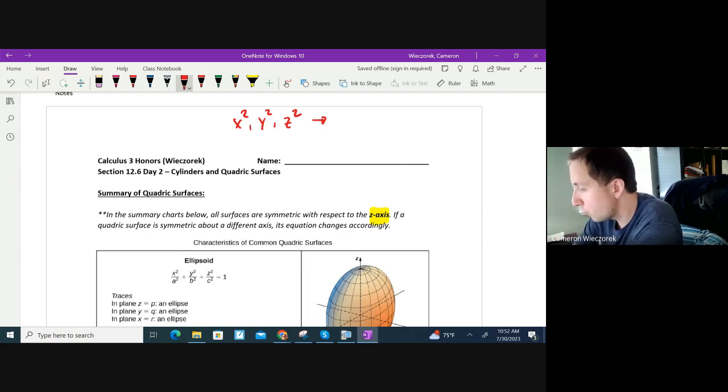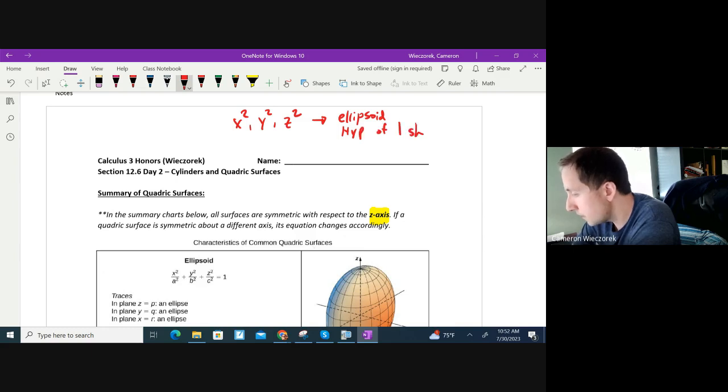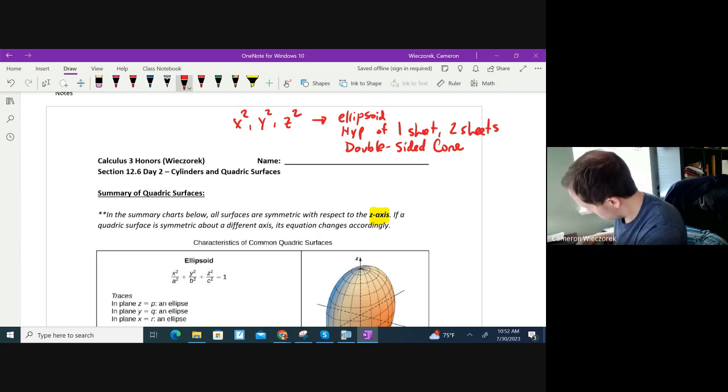That gave us the ellipsoid, the hyperboloid of one sheet, the hyperboloid of two sheets, and the double-sided cone. That's 4.